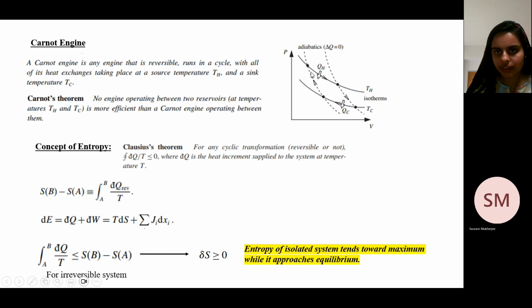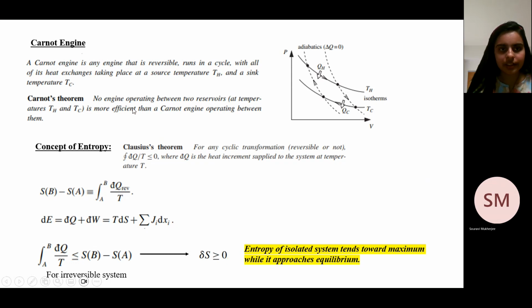If you look at the Carnot cycle, you'll see an isothermal expansion, then an adiabatic expansion, followed by an isothermal compression and an adiabatic compression. It says that no engine operating between these two reservoirs can be more efficient. This isotherm is at TH, and the other isotherm is at TC. TH is the hotter temperature, TC is the colder temperature.